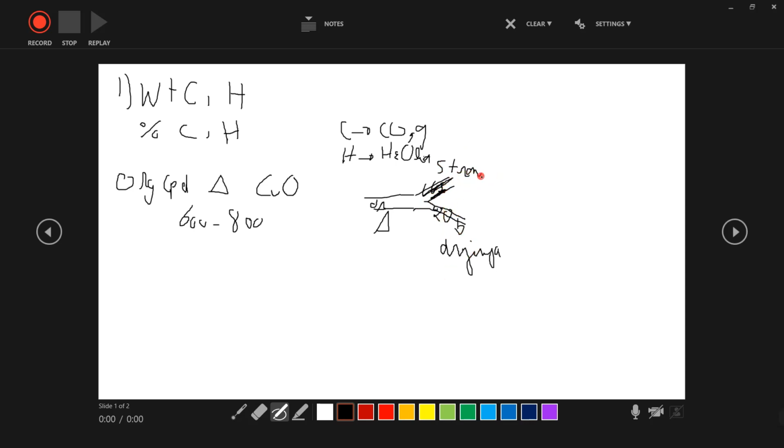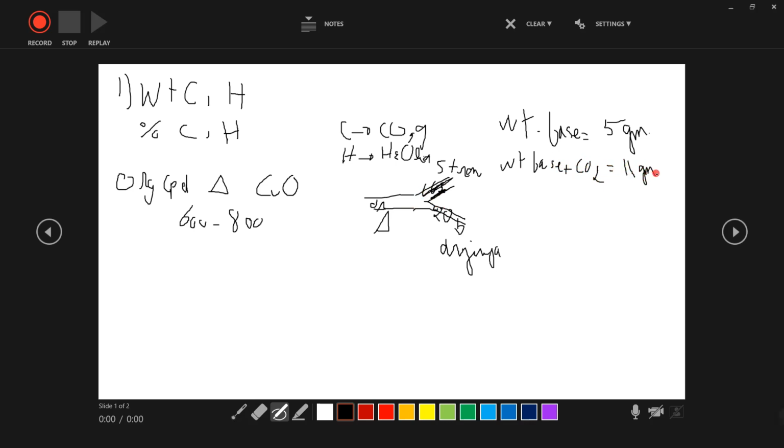So if I told you that before this process happens, the weight of the strong base was at first, for example, 5 grams. Okay. And after this process, I weighed this part of strong base together with the carbon dioxide. So the weight of base together with carbon dioxide after this process finished is, for example, 11 grams.